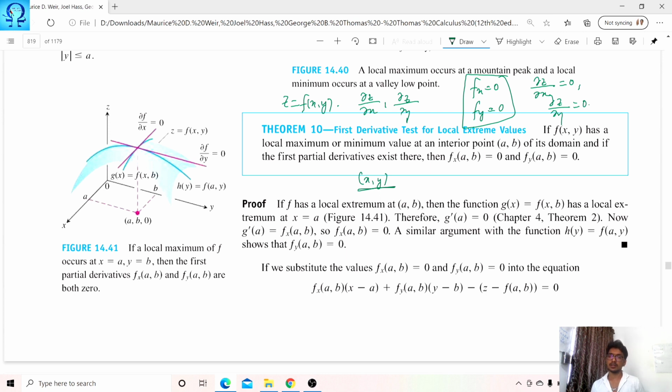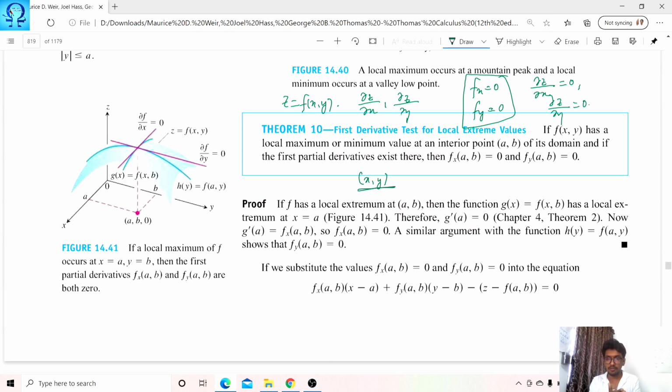Actually, this theorem tells you that if your function has a local maximum or minimum value at some point, at those points your derivative value would be 0. Just by finding the derivative, equating it to 0 and solving does not guarantee that those points will give you the local maximum or minimum. But if the condition is not satisfied, then it cannot be a local maximum or minimum. Kindly note my wording very clearly.